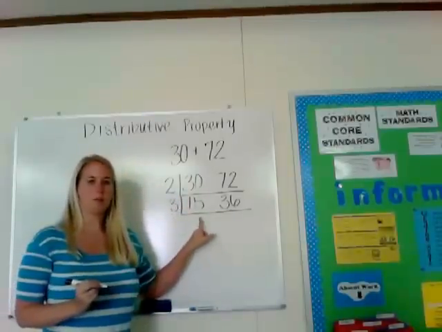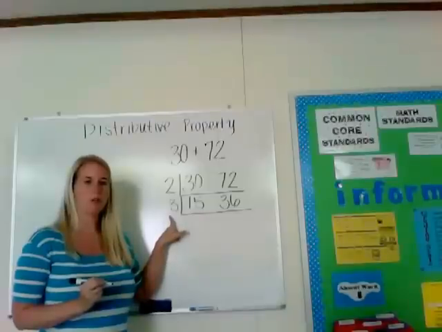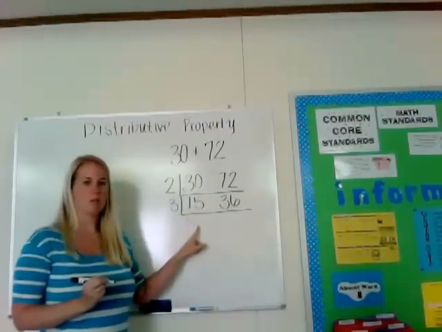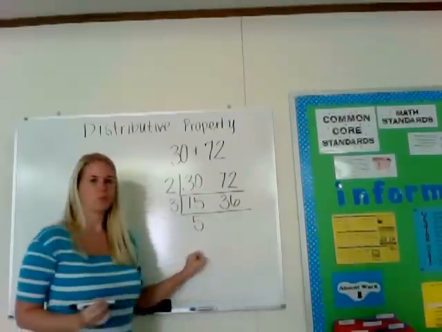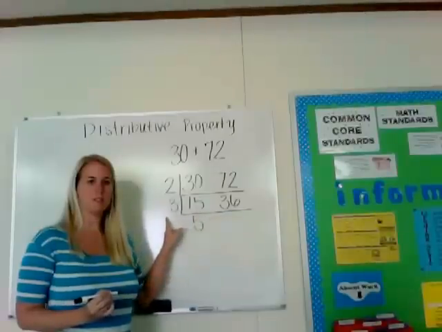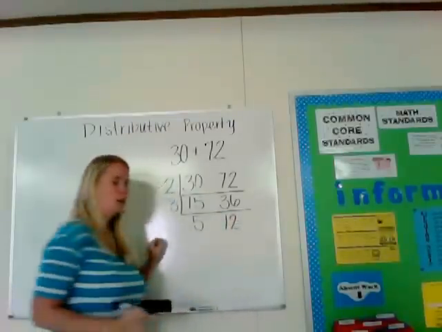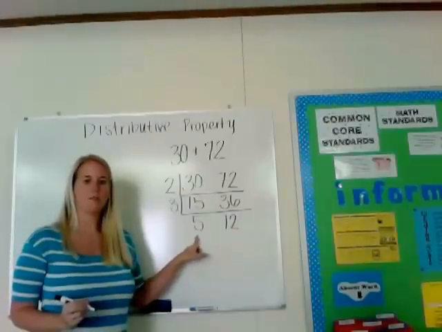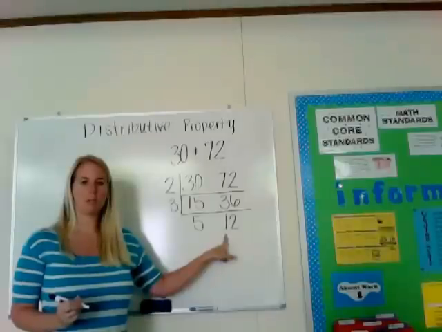Again, we're going to divide both numbers on the inside of my ladder by the prime number 3. 15 divided by 3 will give me 5. 36 divided by 3 will give me 12. Again, I ask myself, is there any prime number that can go into both 5 and 12? In this case, the answer is no, and I'm done.